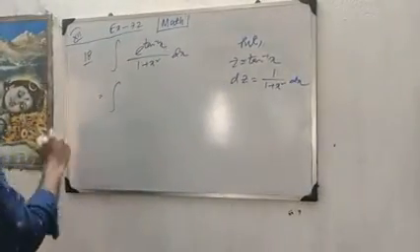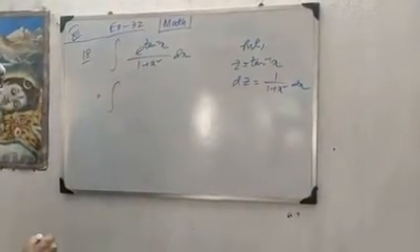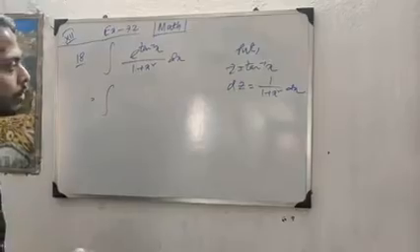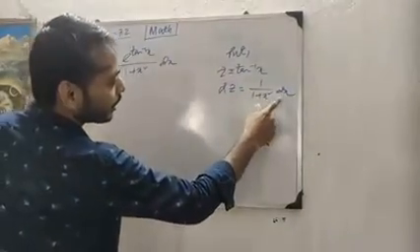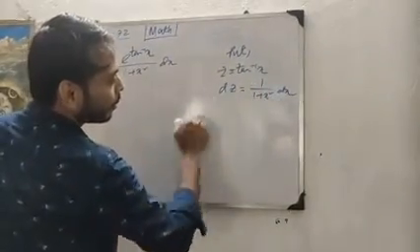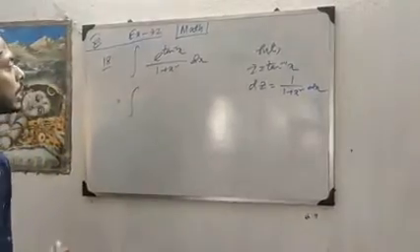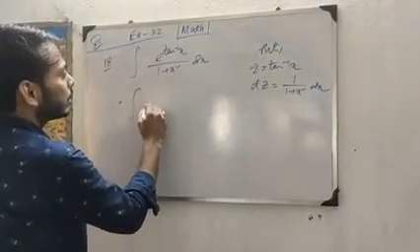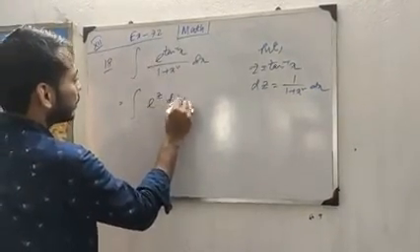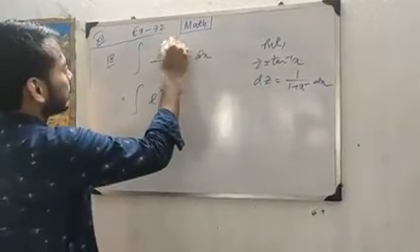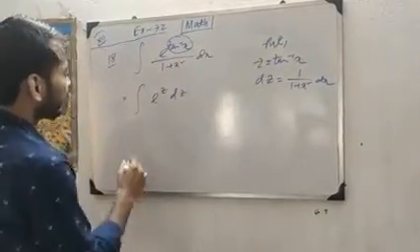So dx into 1 by 1 plus x square means dz. So it will be integration e to the power z dz, because tan inverse x equals to z.